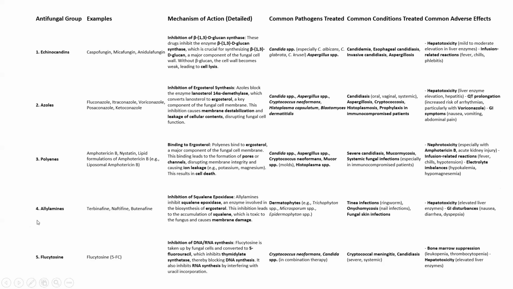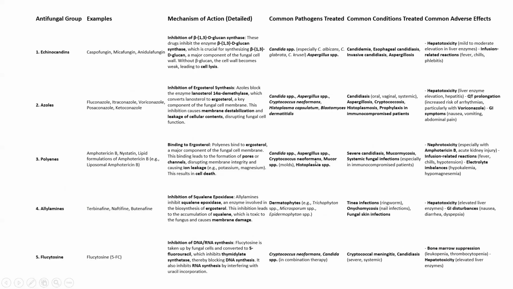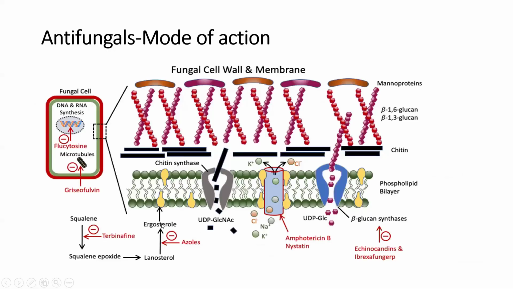And allylamines. You can see how allylamines act. Allylamines inhibit squalene epoxidase, an enzyme involved in the biosynthesis of ergosterol. So that is the previous step of ergosterol synthesis, whereas azoles act at lanosterol to ergosterol.